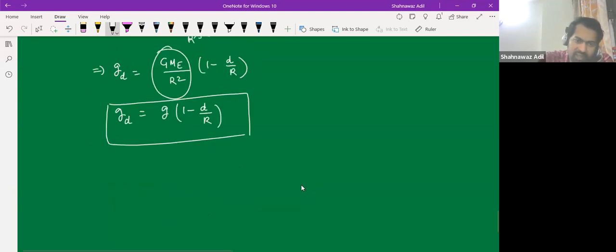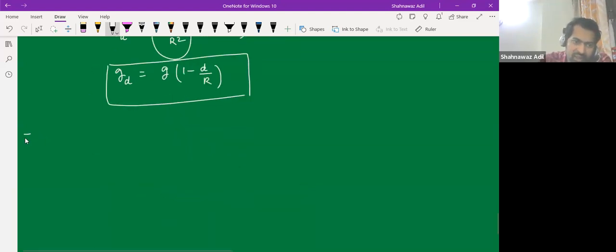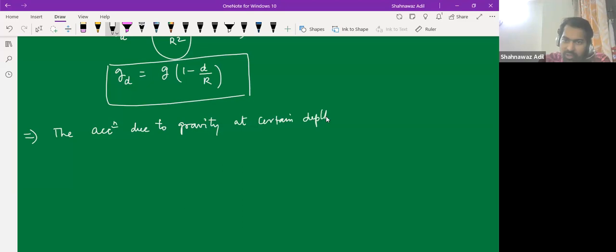Again we see that the acceleration due to gravity at a certain depth will decrease.